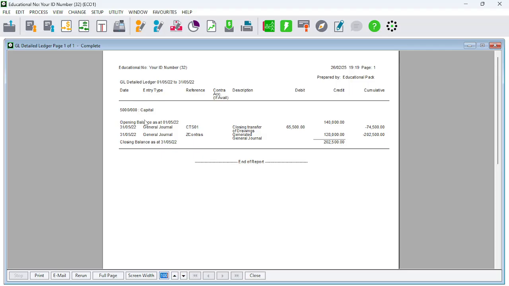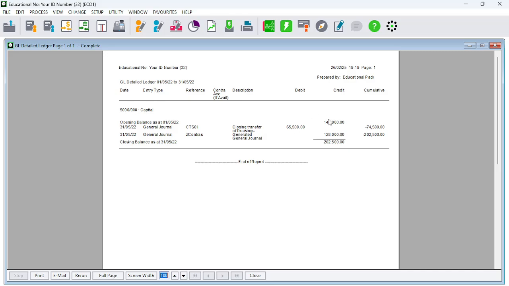If you read carefully on 1.1.9, it says print the general ledger, GL, detailed ledger. There it says detailed ledger for the period 1, which is May, and the account is going to be capital.